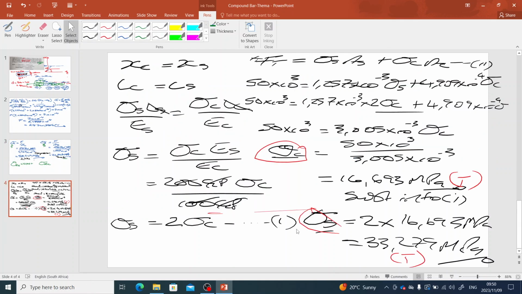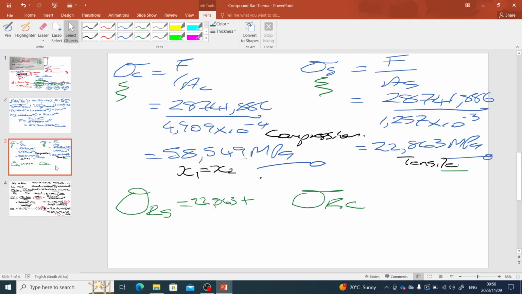Then I go to this one, the stress here, we said it is tensile. That means I will add the 2, plus 33,279.